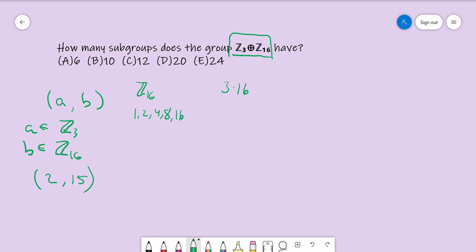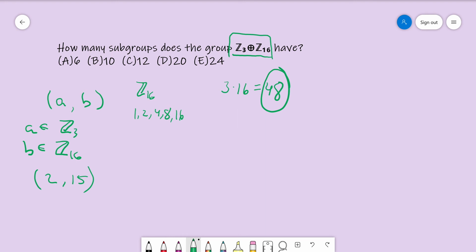So Z3 has 3 elements, Z16 has 16 elements, so Z3 plus Z16 has 48 elements. So the question is, how many numbers divide 48? How many numbers between 1 and 48 divide 48?